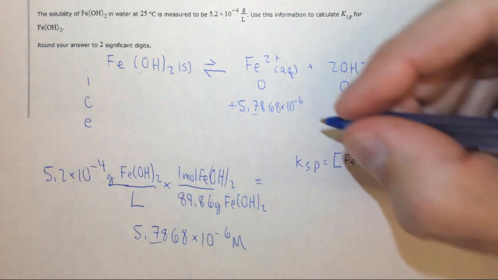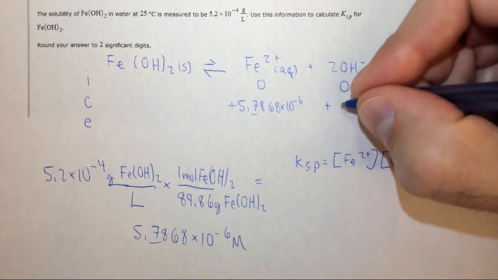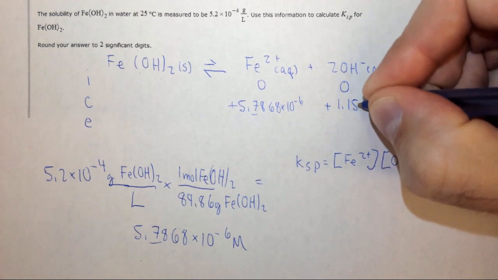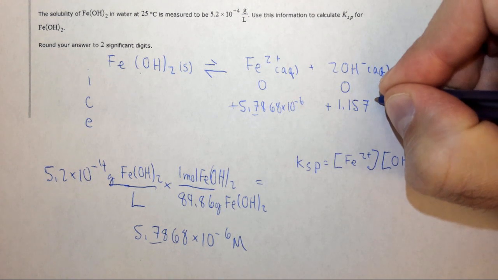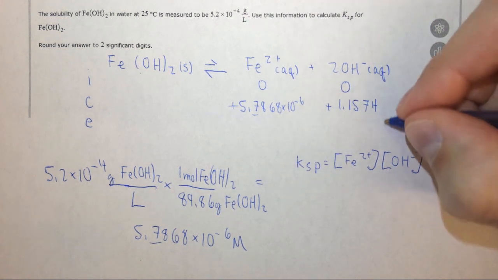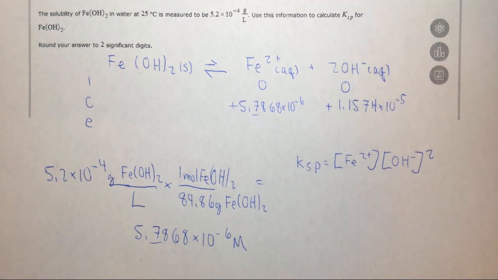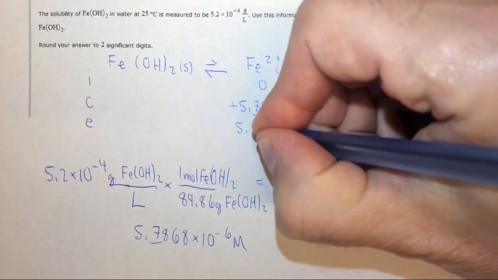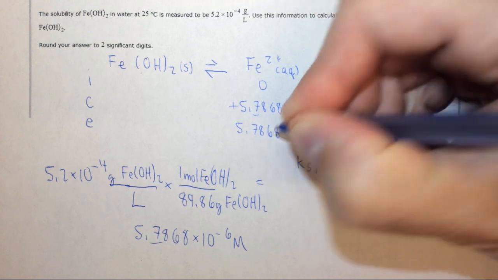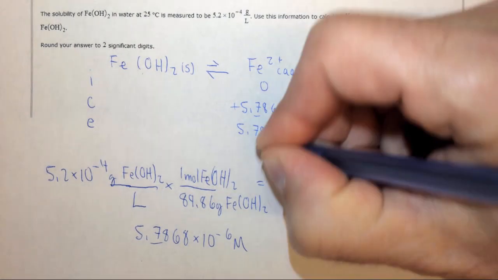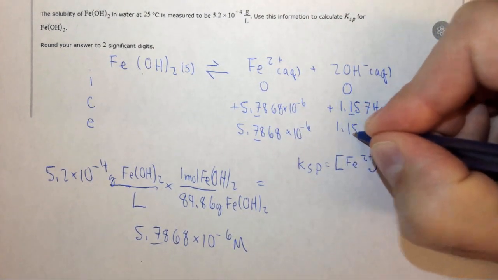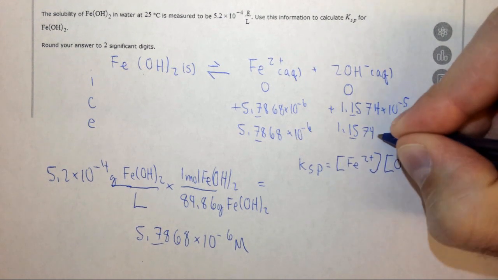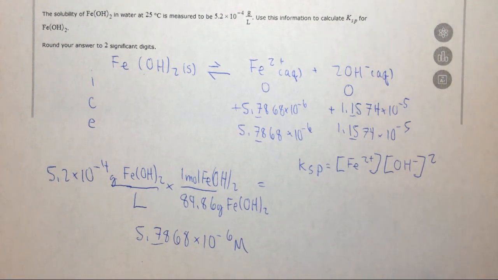So if we multiply that by 2, we have plus 1.1574 times 10 to the minus 5, and that is molar. So at the end of the day, this is 5.7868 times 10 to the minus 6, and this is 1.1574 times 10 to the minus 5.